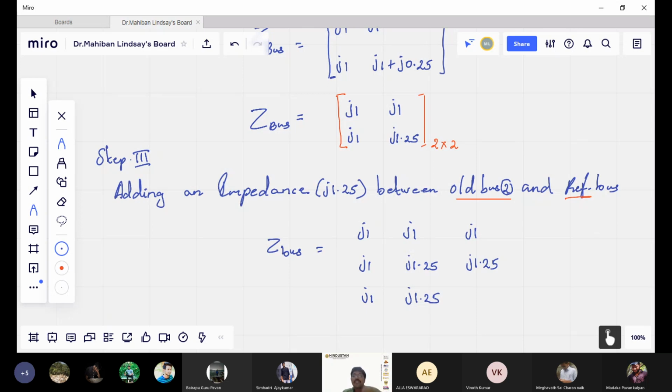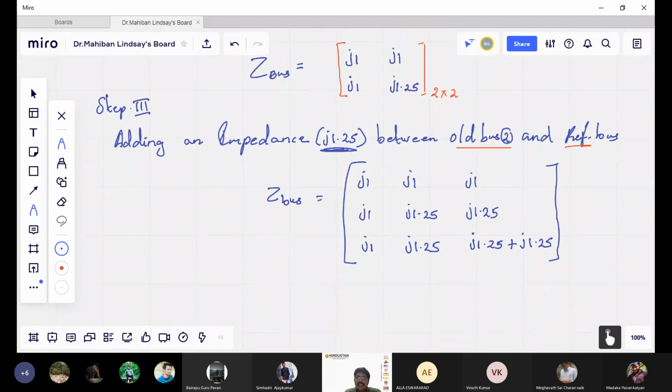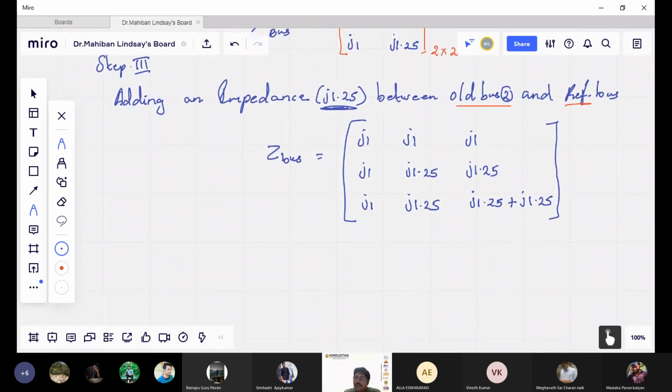Right, now what about this term? This term is as usual what we did in the previous case, that is J. So here you can see the middle, 1.25 is there, plus our new value, J1.25, that we also have to add. Alright, I can close this matrix. Now we simplify it, because 1.25 and 1.25 we can put as 2.5.